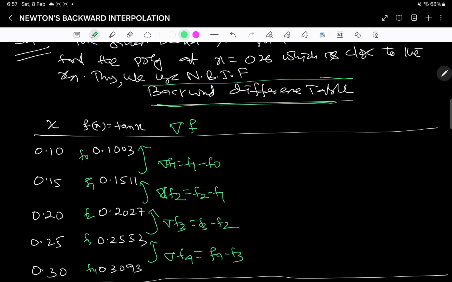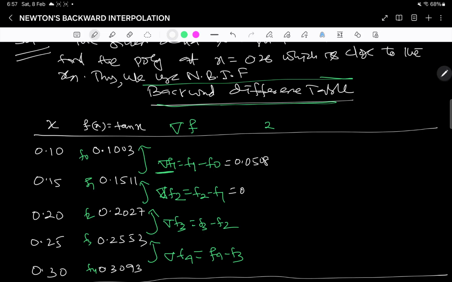The computation is same. For forward computation, if we do not write it del or inverted del, if I write first order, second order, then this computation is same, right? So let me find this difference. Here this difference value, if I subtract it, will be 0.0508.